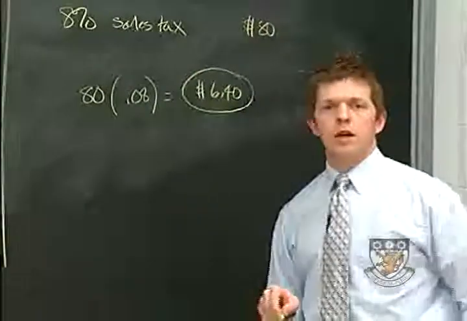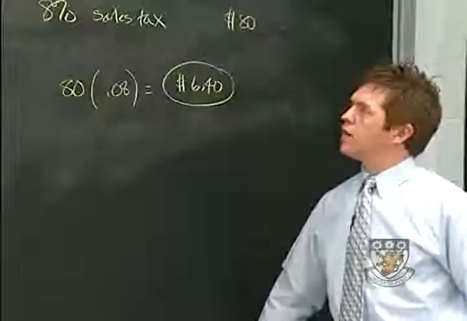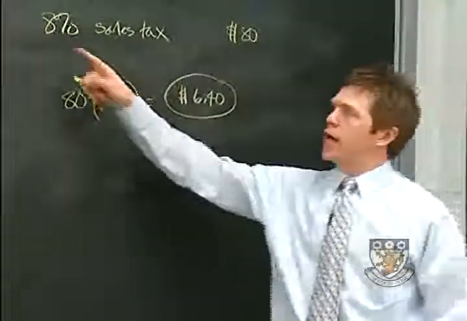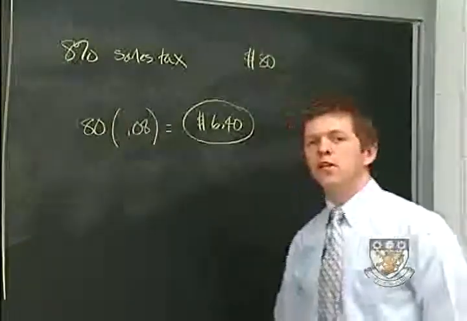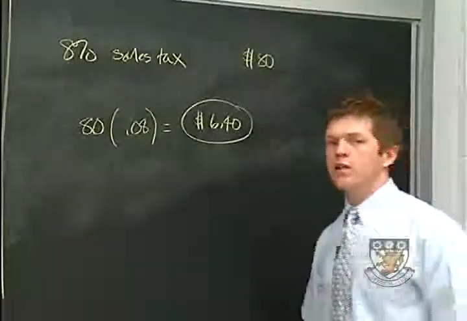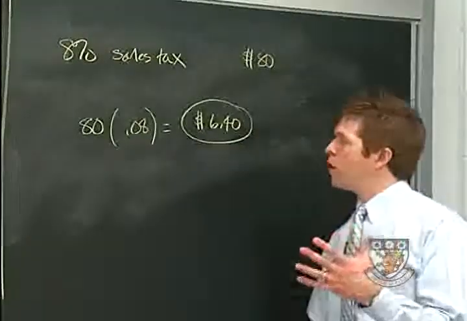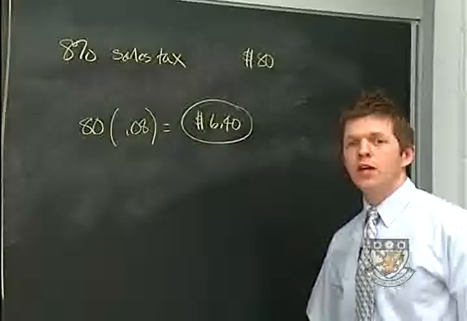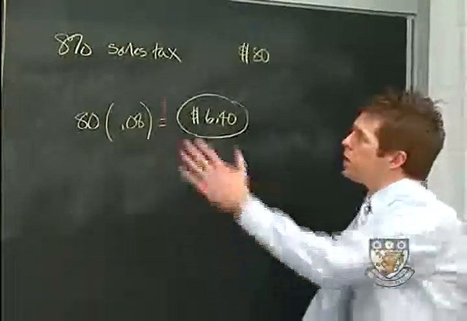Here's your answer. Now, a very common question that they'll ask here is you have an $80 coat, you pay 8% sales tax. What is the total amount that you had to spend? Now, the question I read to you earlier did not ask that. We answered it right, and it's circled right there. But I want to warn you of some common mistakes. What can happen is if you don't answer what they're looking for, you did all the math right.